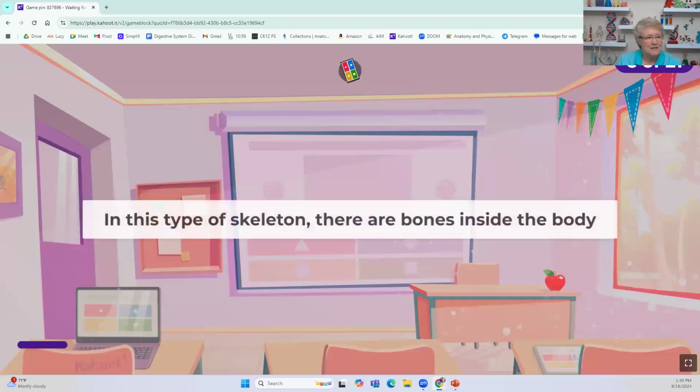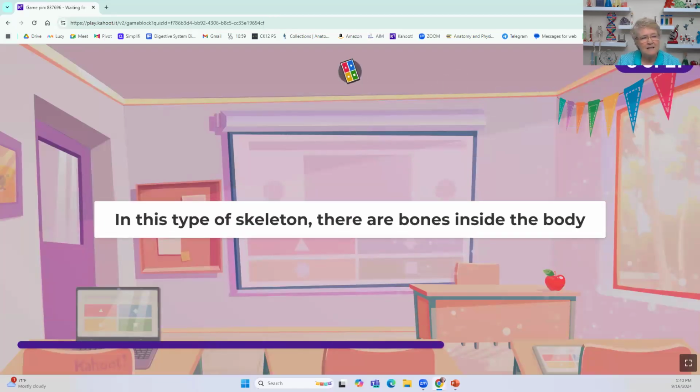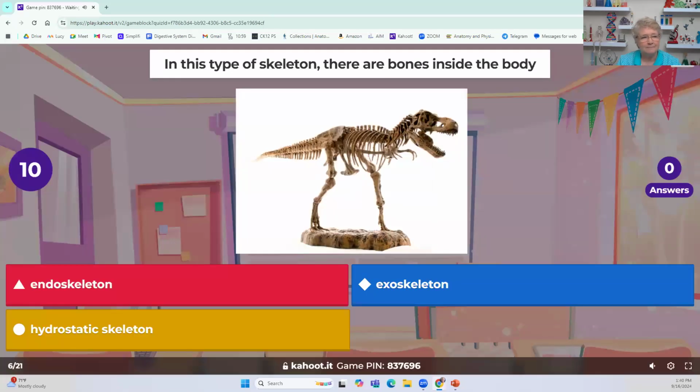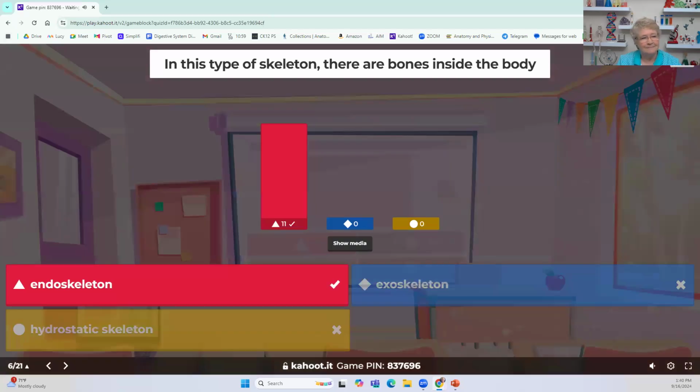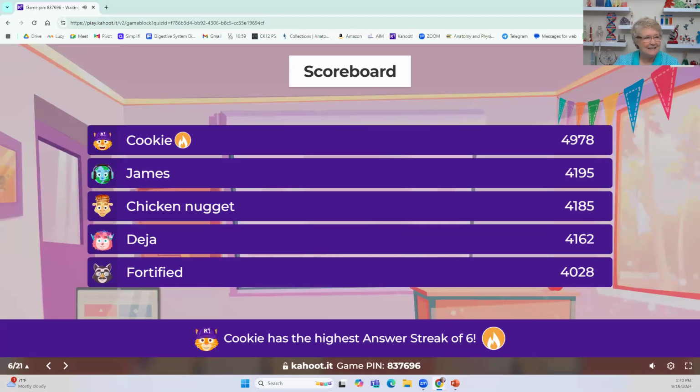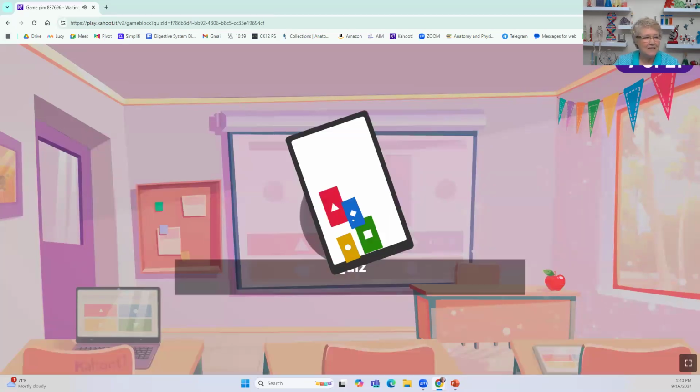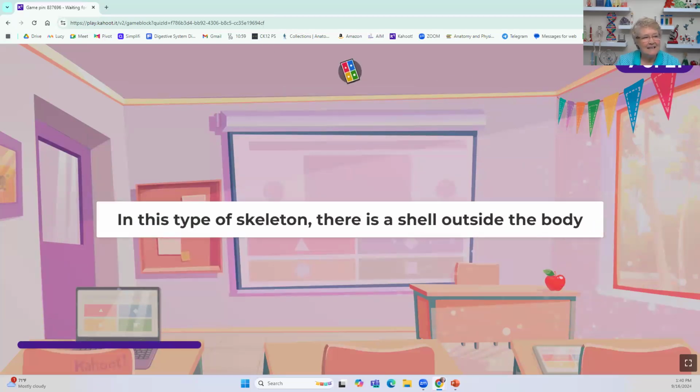All right, question 6. In this type of skeleton, there are bones inside the body. Unless, like the dinosaur, there is no body, but yeah, endoskeleton. Excellent. Cookie's in the lead. In this type of skeleton, there's a shell outside the body.